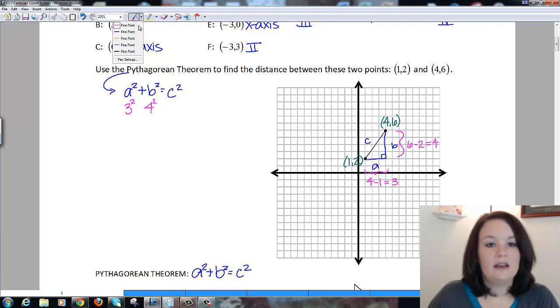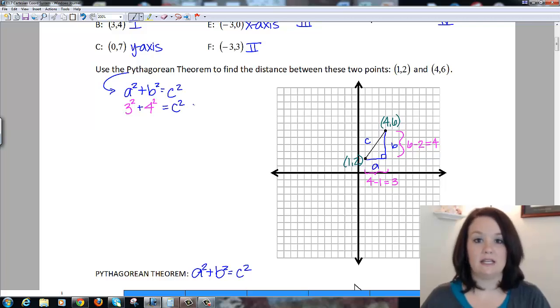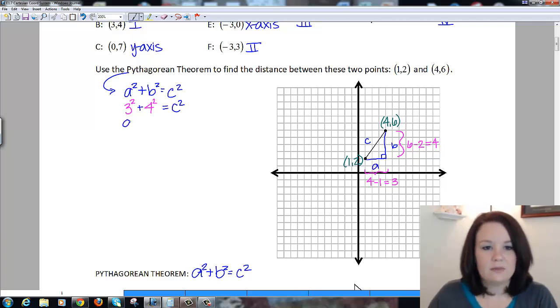Now that I know what those two sides are, I should be able to figure out what c is. So 3 squared gives me 9, 4 squared gives me 16, and if I add those together, it gives me c squared. So 9 and 16 is 25 equals c squared, and then to get c by itself, I take the square root of both sides.